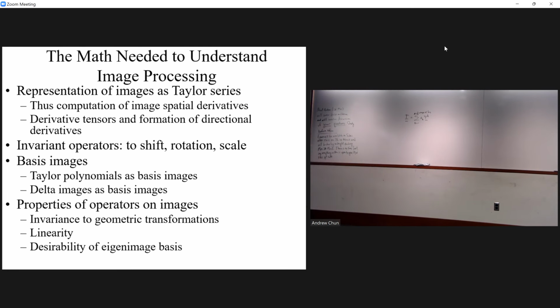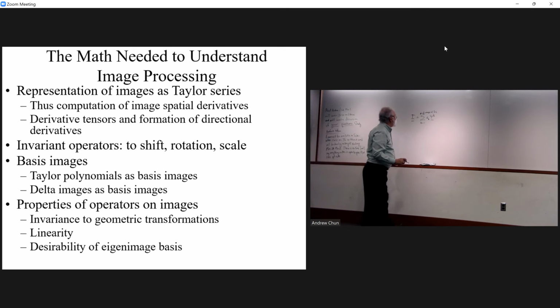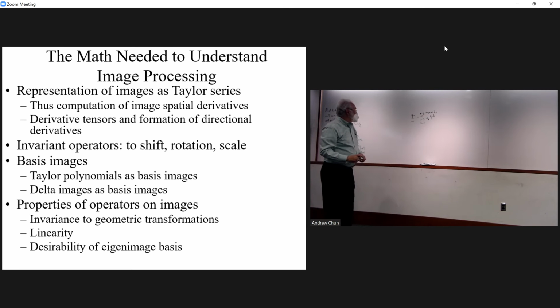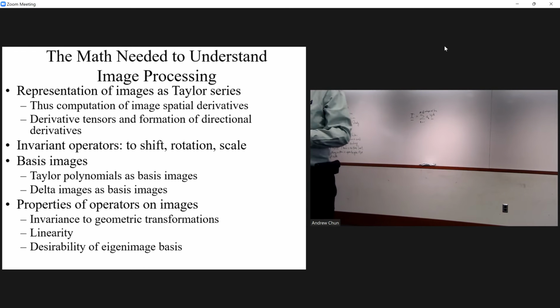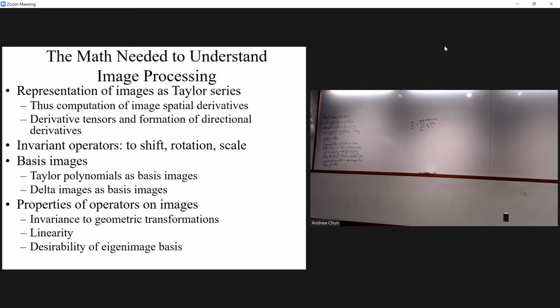And the idea that if we have some number, capital M, of image elements, we have that same number of basis images, and that we're going to think of an image as a linear combination of those basis images.